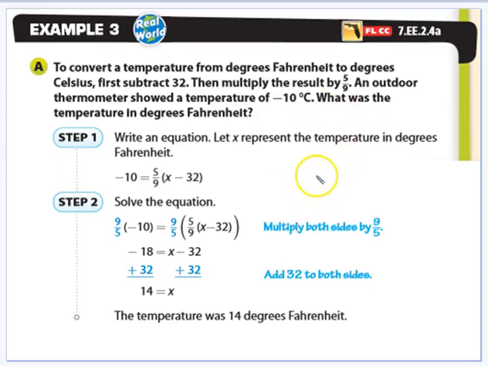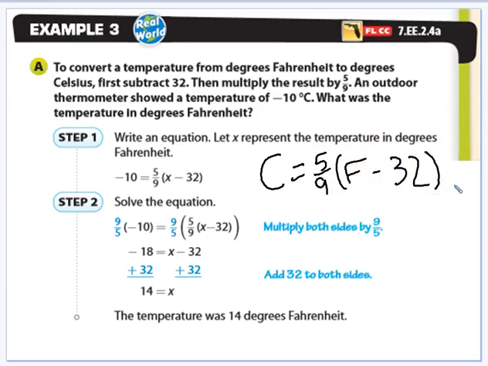You're trying to find it in Fahrenheit. Okay, so this is C equals 5/9 (F minus 32).